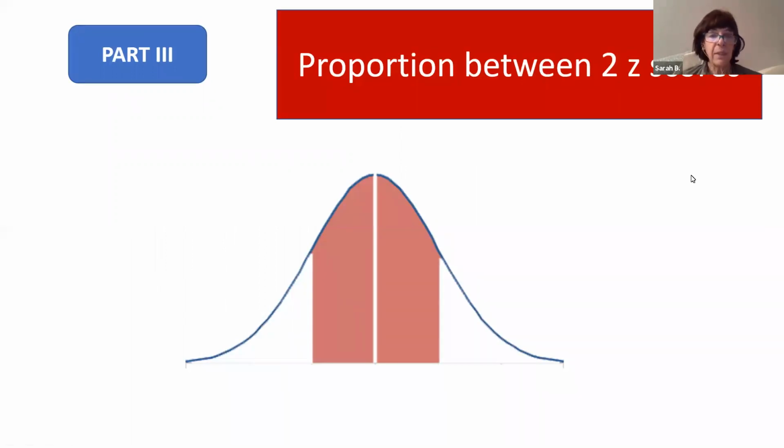The other thing we might be interested in is the proportion of cases, of sample means, that would be likely to be found between two different z-scores. And this is classically the body of the distribution. This is the left tail, this is the right tail.